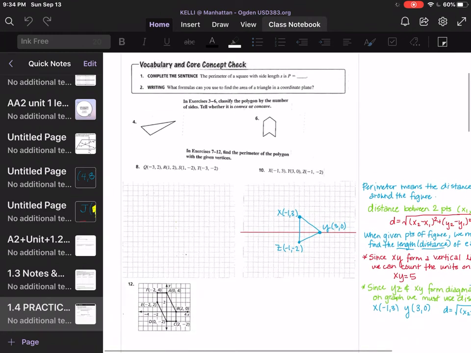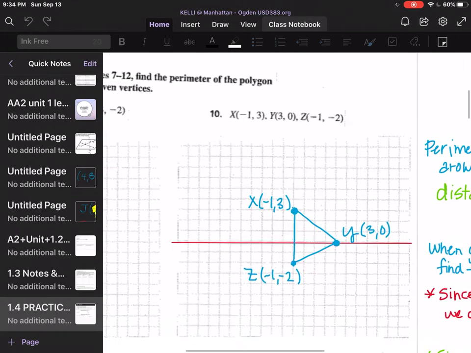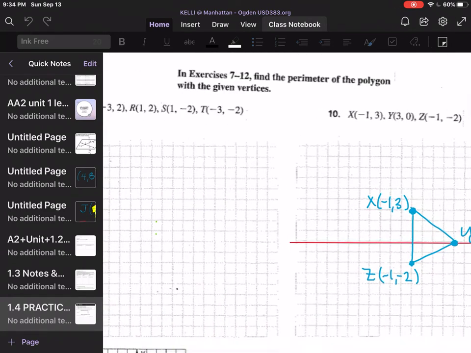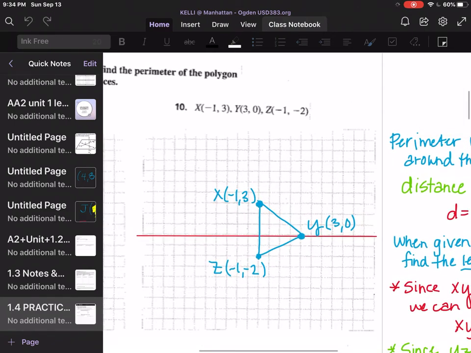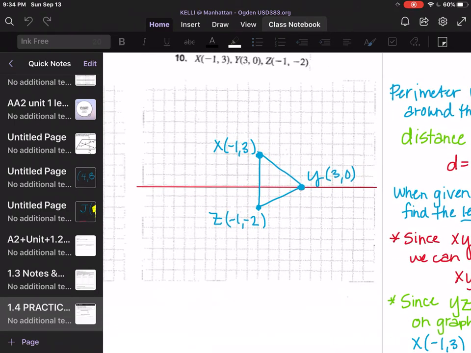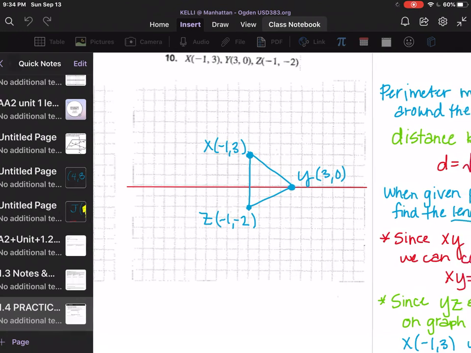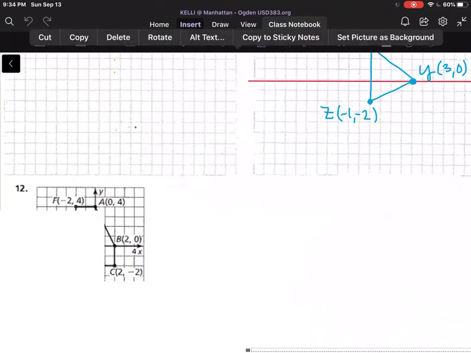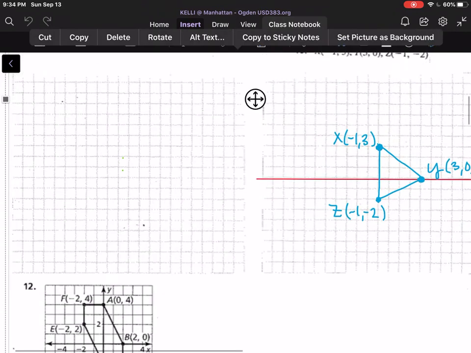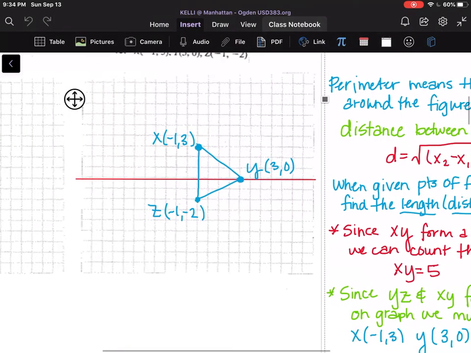Alright, so first thing, when you are given vertices like this, so for number 8 you're going to have to come back and pretty much do the same problem here. You're going to graph the lines, which I'm seeing right now that my line went away, but that's alright. Let's see if I can do this here.